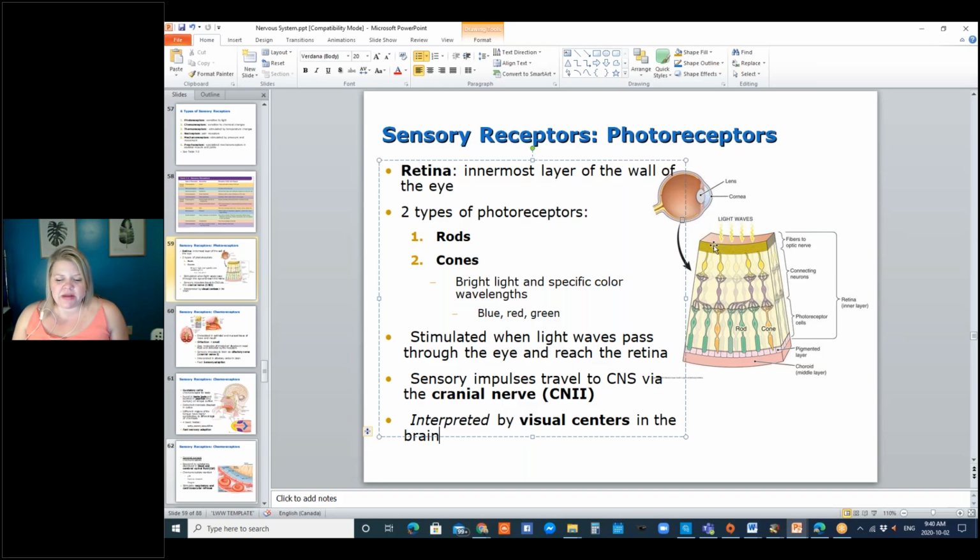And then that's interpreted by visual centers in the brain, so that you're picking up and stimulating certain receptors, and your brain is sensing, oh, I'm seeing blue, because it's associating something that's learned or conditioned with blue, the word blue, or other things that are blue, like water, the sky, and so on and so forth.